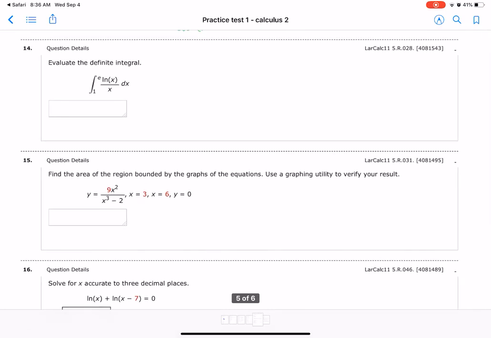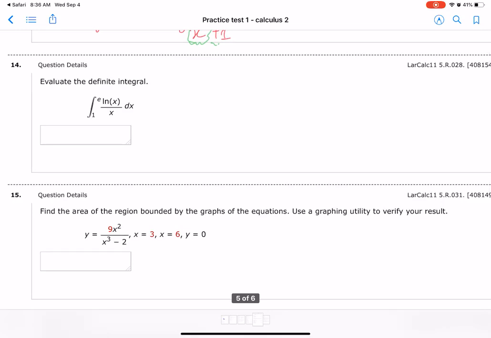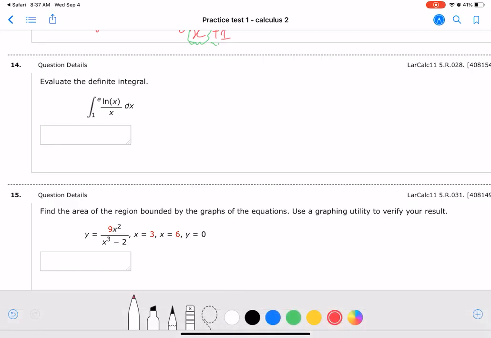Evaluate the definite integral. Okay, so it looks uncommon, right, when you have ln of x in your integral. But here's the principle. In our course, if you see ln of x, yes, do that substitution. You put u equal to ln of x.